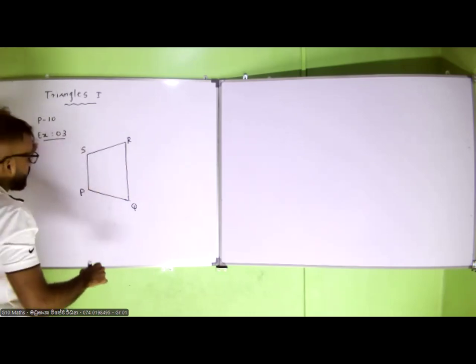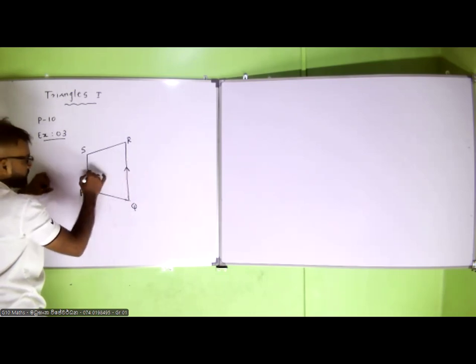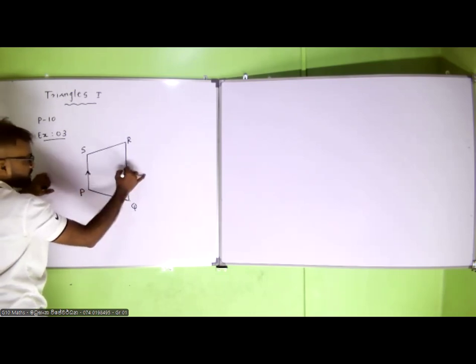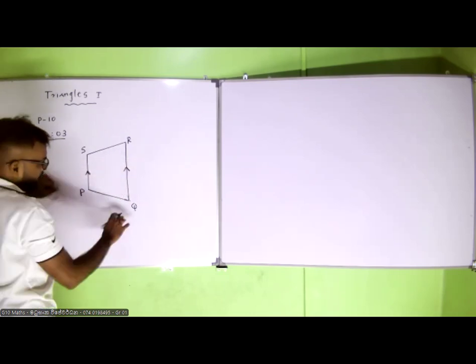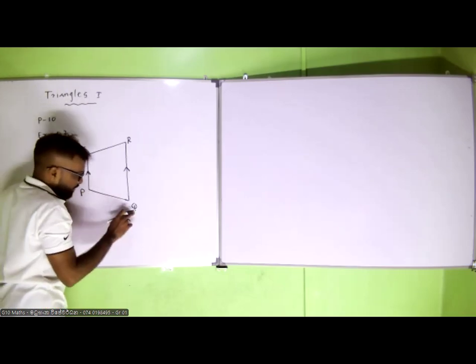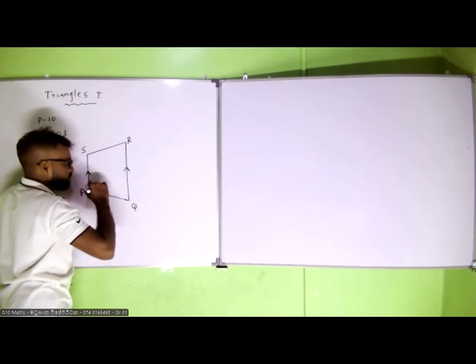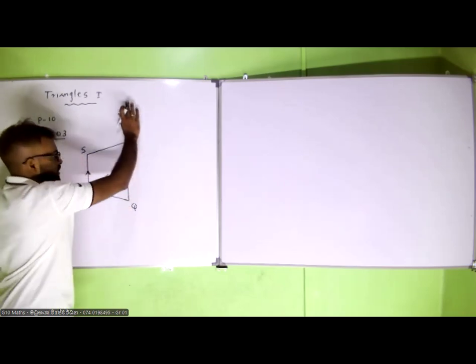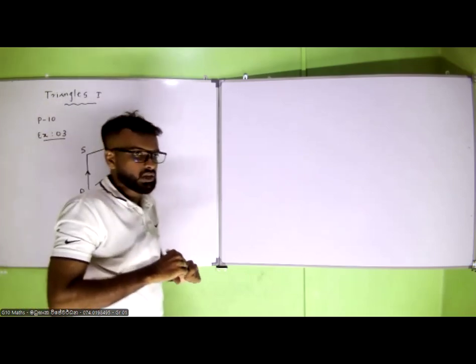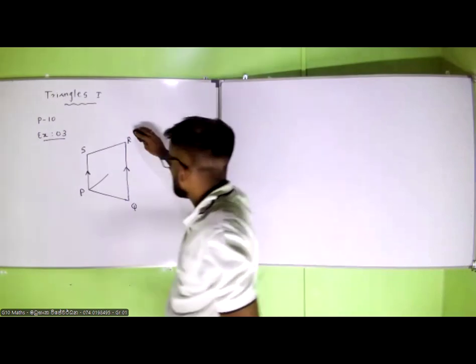So PS and QR are parallel, right? They are parallel. They have given that. Right? These lines are parallel. And when you consider P and Q angles, the bisectors of P and Q, let me look at it. Shall I draw it somewhat bigger? Look at it.